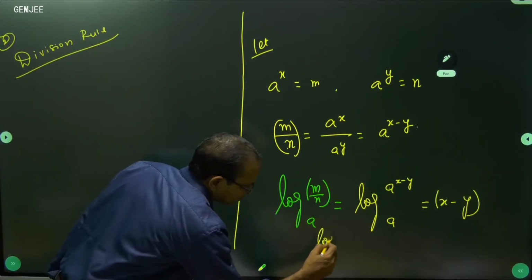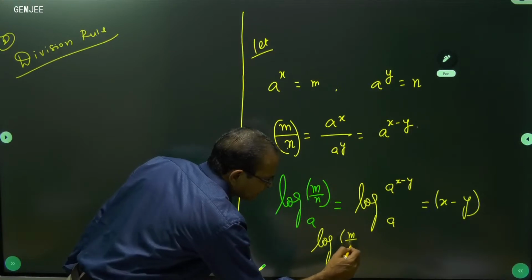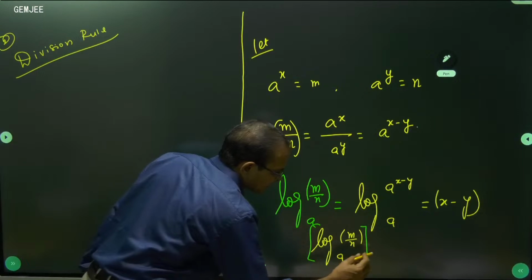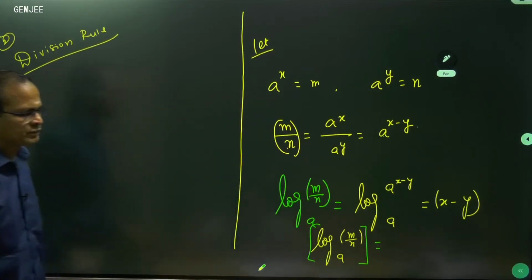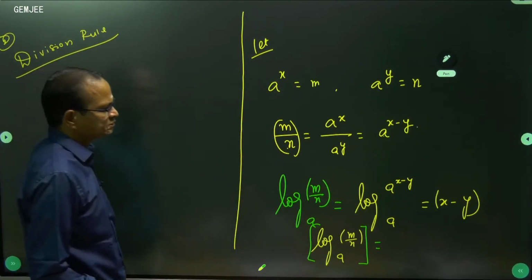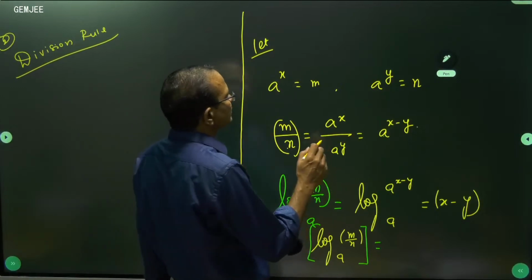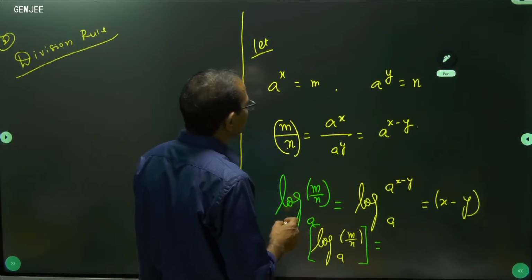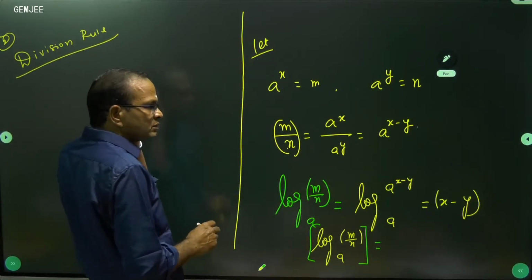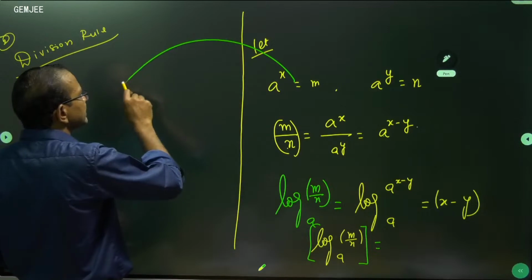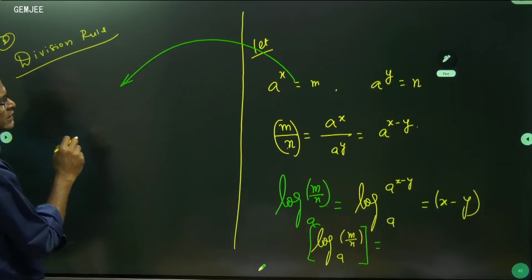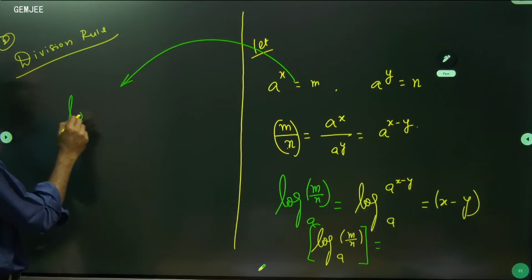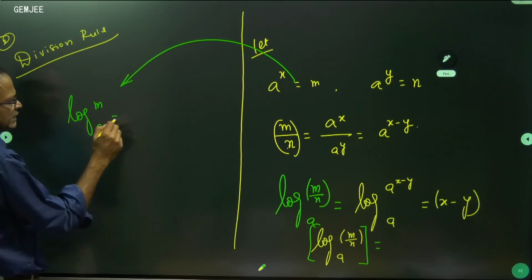Log of m by n to the base a equal to x minus y. What is x? What is the value of x? Write here: log of m to the base a equal to x.